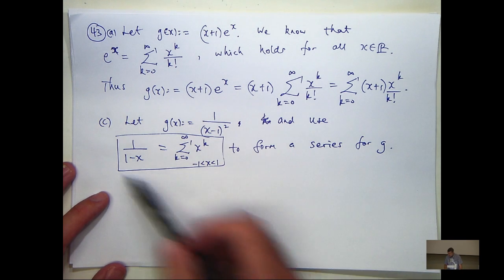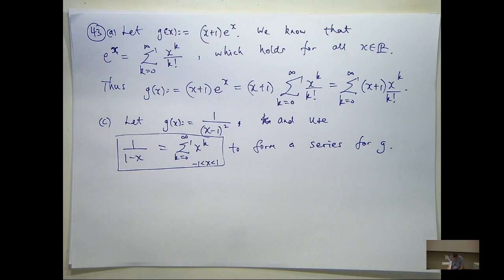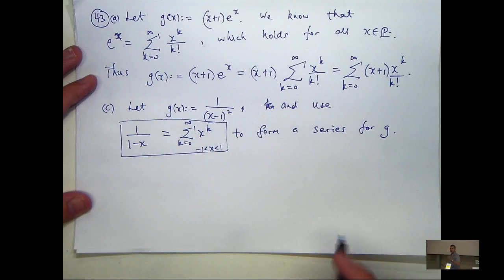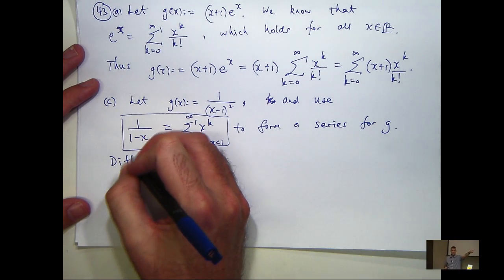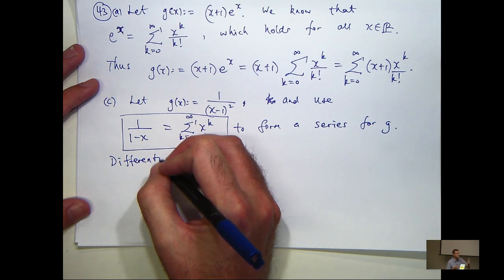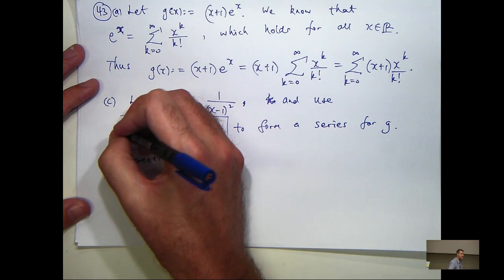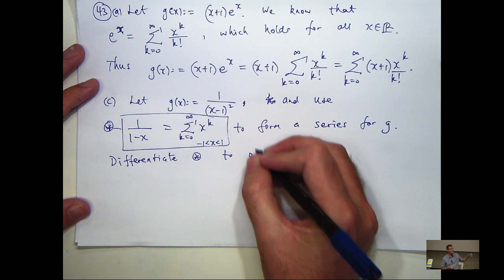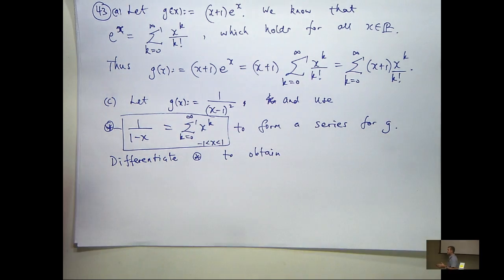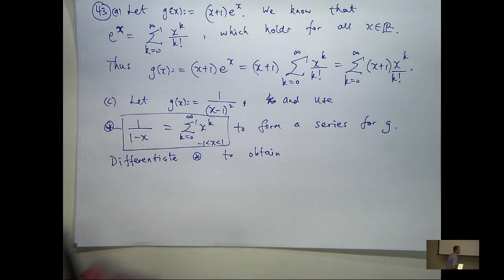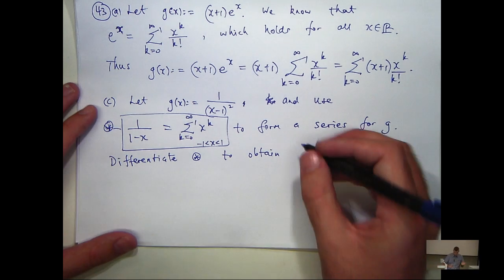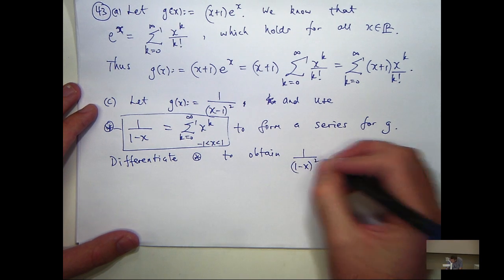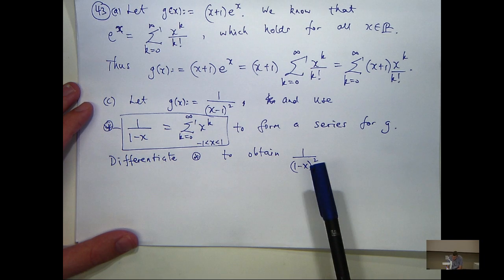All right. So any ideas how we can form the series for g from this boxed series? Differentiate, right. So let's call this, you guessed it, star. On the left-hand side, we're going to get something like 1 minus x all squared.